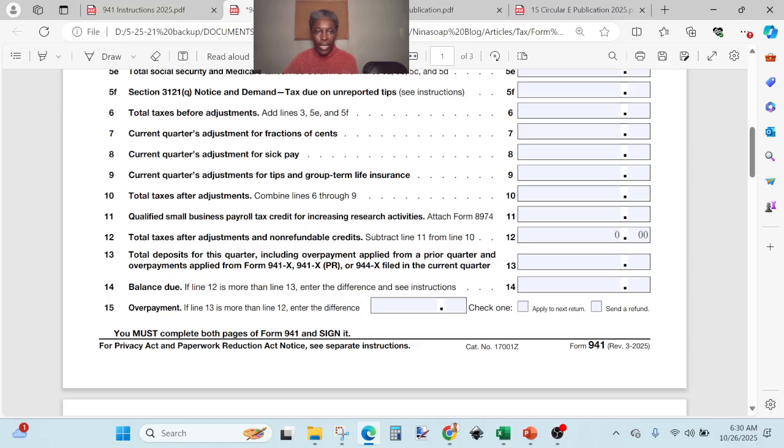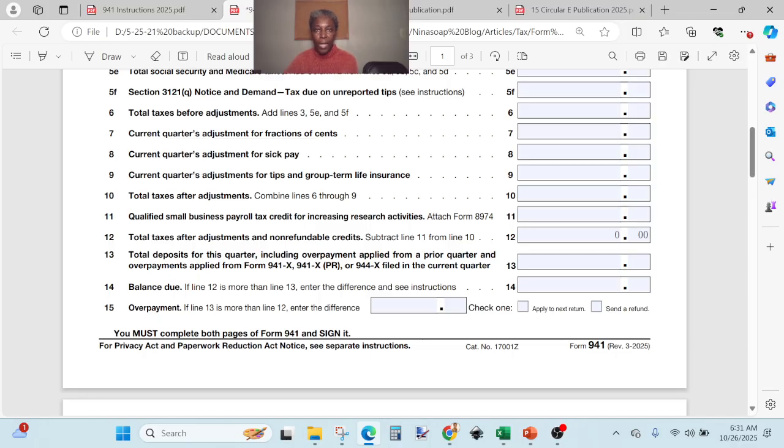What you deposited for this quarter with the IRS is what you are putting on line 13. And if there is any refund from a prior quarter that you asked them not to refund but to keep so that you can apply it to the next quarter, feel free to add it to this line 13 as well. So line 14 is going to compare line 12 and line 13 and do a subtraction between the two. If your total liability is more than your total deposit for the quarter, you owe tax.